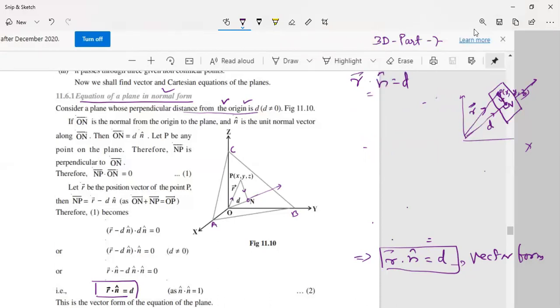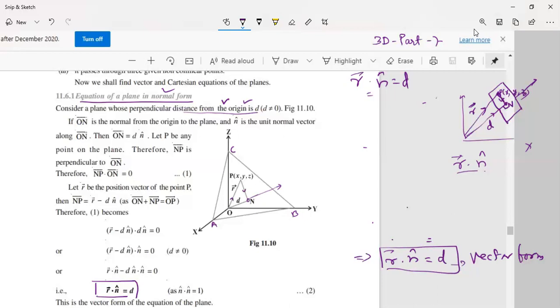R is a vector of a particular direction and n cap is always perpendicular. Then what is the direction of r dot n cap? Very good question. You have to be very careful about the dot product. R dot n is not a vector. You ask that r is a vector in any direction, n cap is a unit vector, then what will be the direction?